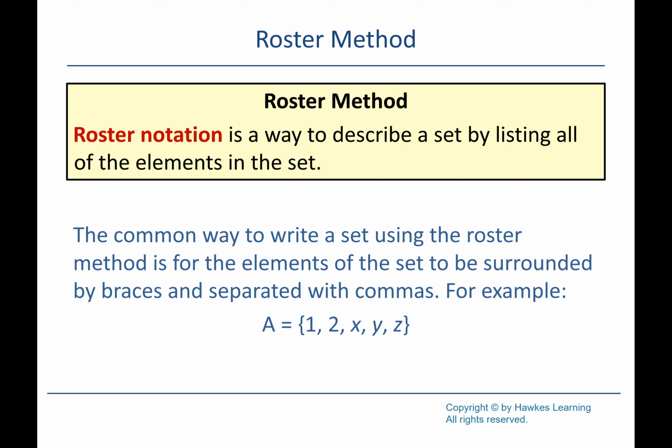Then when we're listing out our set in roster notation, we'll have an equal sign, and then we have the curly brackets. And then each thing that's in the set, we separate with a comma. So like this, we would call this set A. And the elements or the members of set A are 1, 2, x, y, and z. That's what this says. And those are just listed out, so that's the roster method.